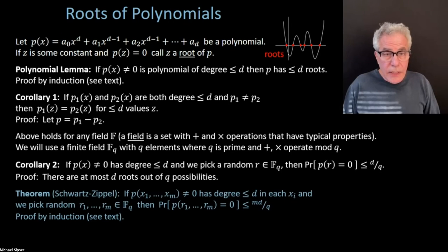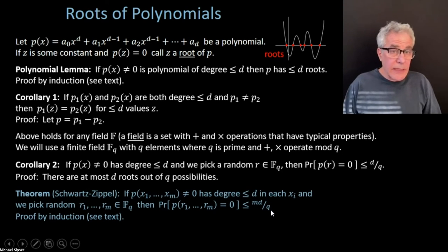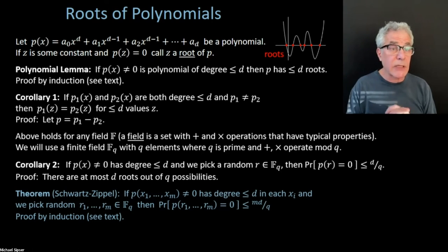Yeah, so a couple of good questions here. What happens if these values are bigger than q, for example? Then it's not telling you anything. If d is bigger than q, m is bigger than q, or the product is bigger than q, then you learn nothing from this lemma. So typically, in applications, you have the flexibility to choose q to be whatever you want.